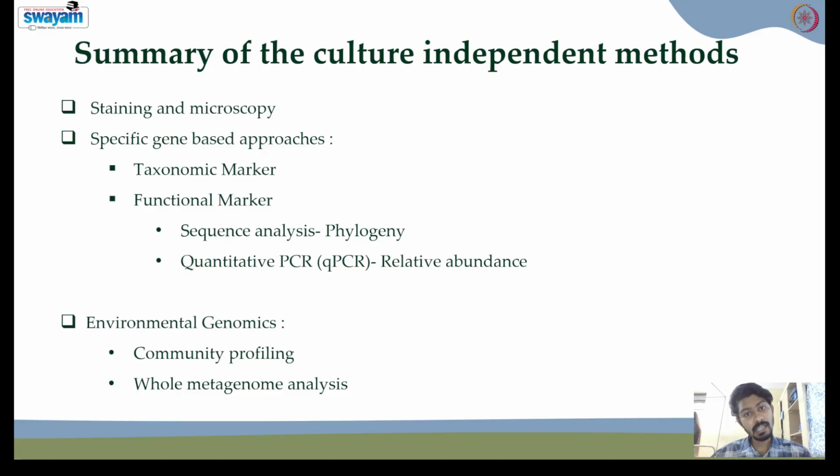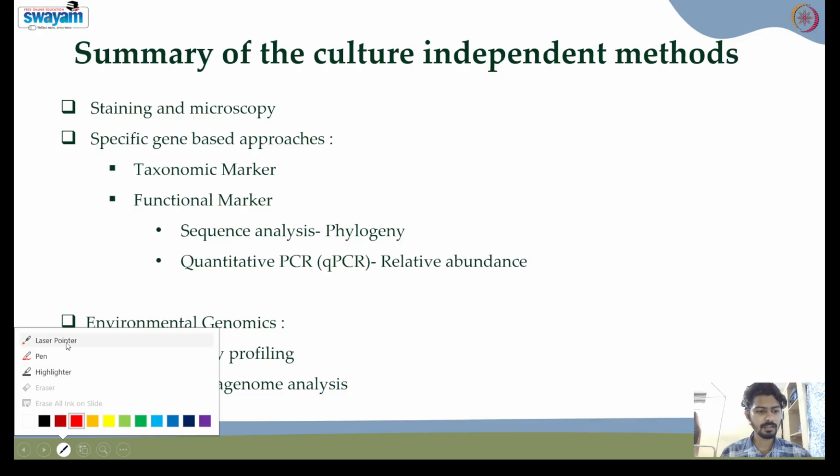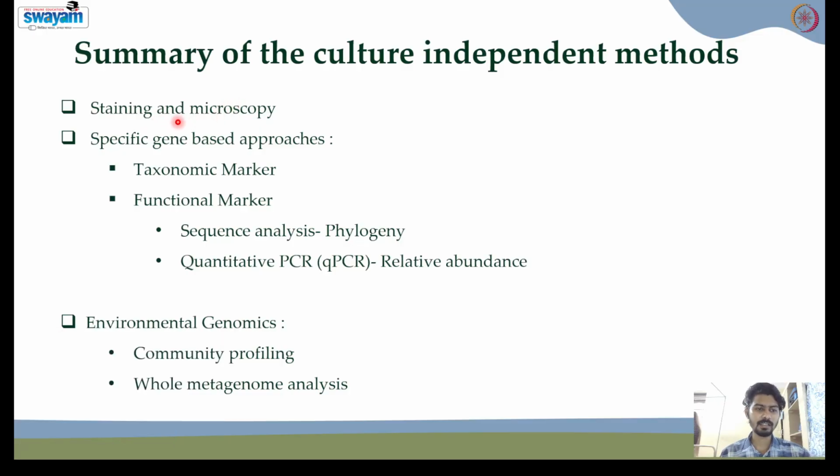We also saw other alternative culture dependent methods for the isolation of microorganisms from the environmental sample. Then we moved on to the culture independent methods, where we discussed staining and microscopy techniques, first the general staining procedures and then the viability staining approach, where we saw how to differentiate live and dead cells using different dyes.